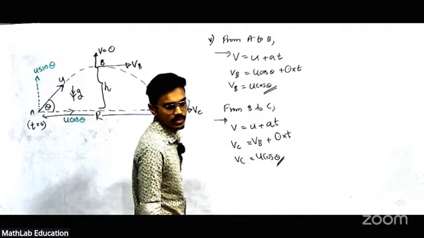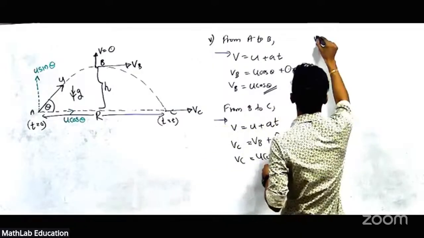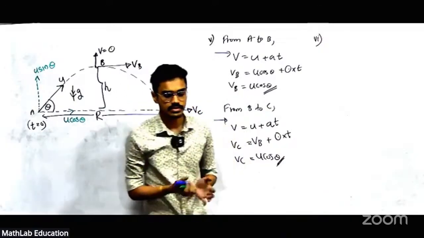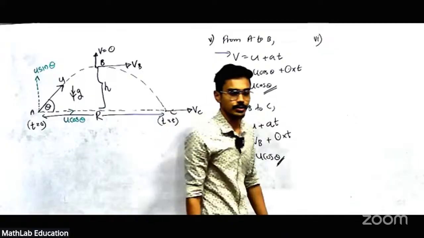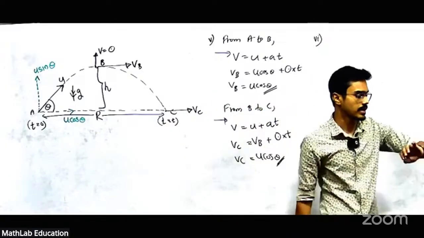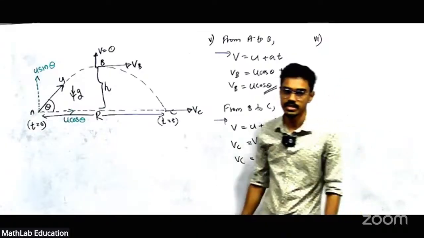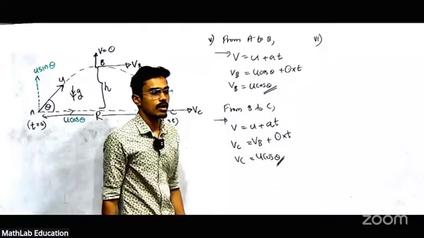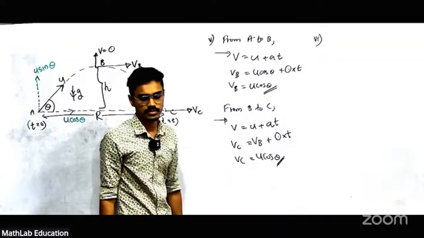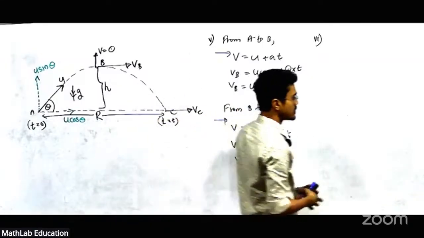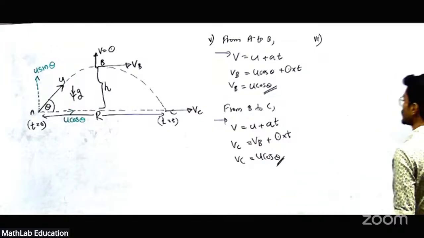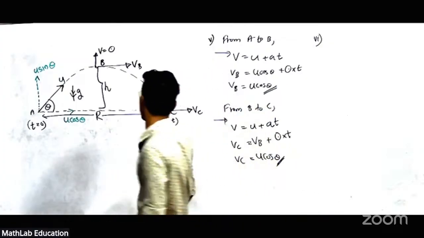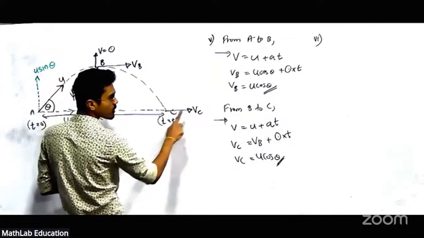Right? Part 6. Write down. Determine direction and magnitude of velocity of particle at C. Now at C, the horizontal component is known by now.